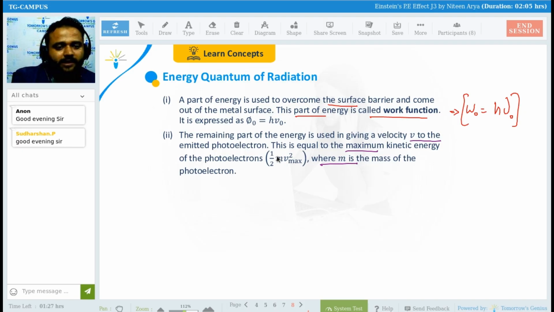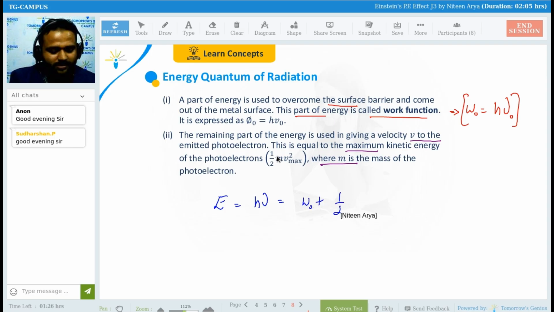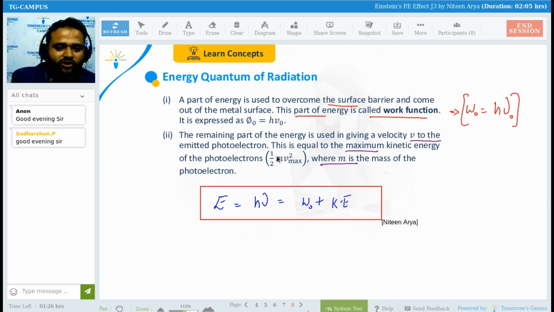Clear? So again, in this basic equation, the total energy E, that is h nu, is nothing but the work function W naught plus the kinetic energy of photoelectrons. This is the basic general principle equation, as simple as that.